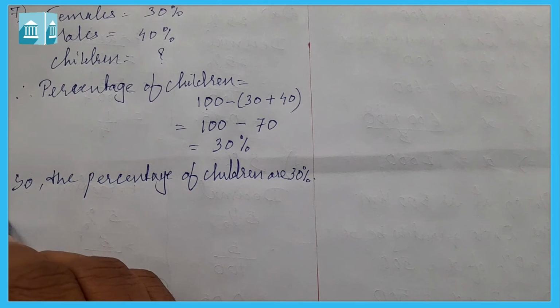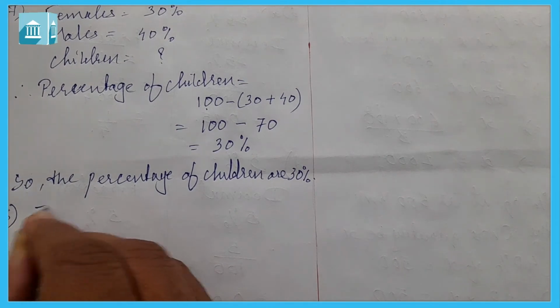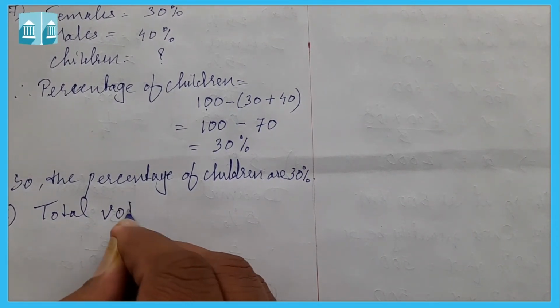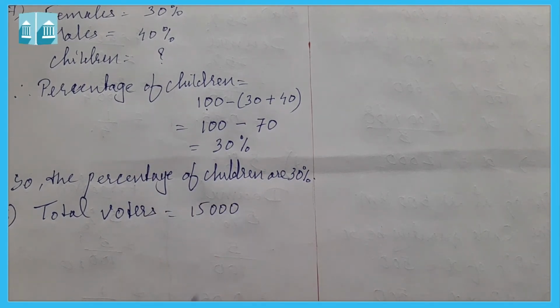Now let us see question number 8. In question number 8 it is given out of 15,000 voters in a constituency, 60% voted. Find the percentage of voters who did not vote. Now see, total voters is given 15,000.